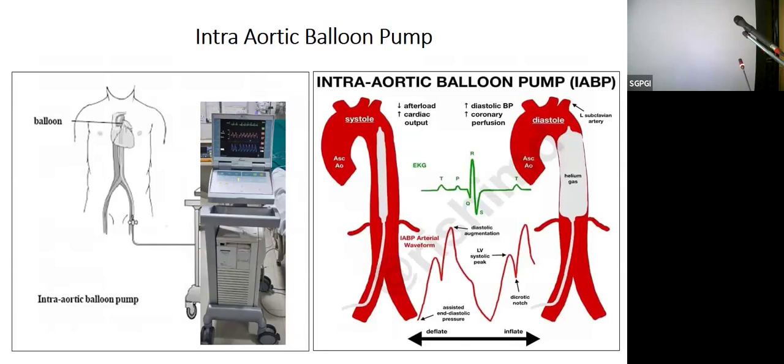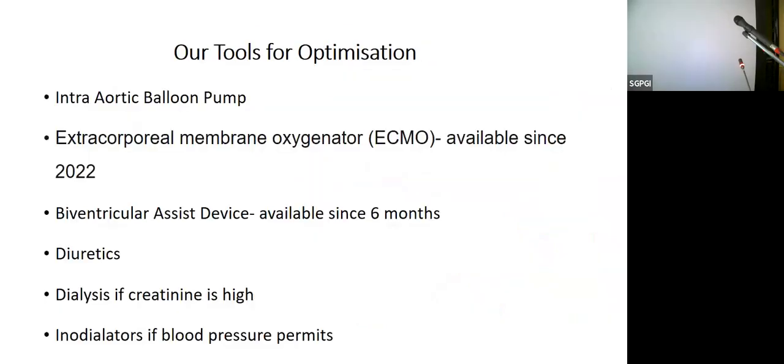It displaces a blood volume during diastole into the major vessels. So this is our systolic pulse wave, and this is the balloon-induced diastolic pulse wave. It increases blood circulation as well as reduces the afterload. This reduced afterload reduces systemic vascular resistance and reduces your left to right shunt.